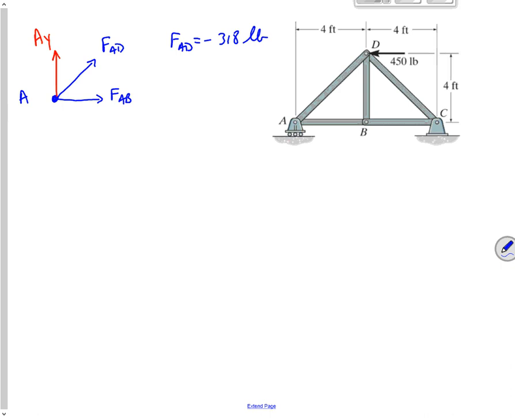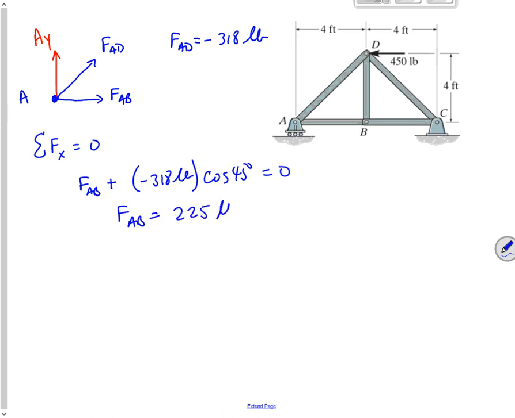So from that, I can do the sum of the forces in the x direction equals 0, which tells me that FAB plus negative 318 pounds times the cosine of 45 degrees equals 0. So for FAB, that's 225 pounds.